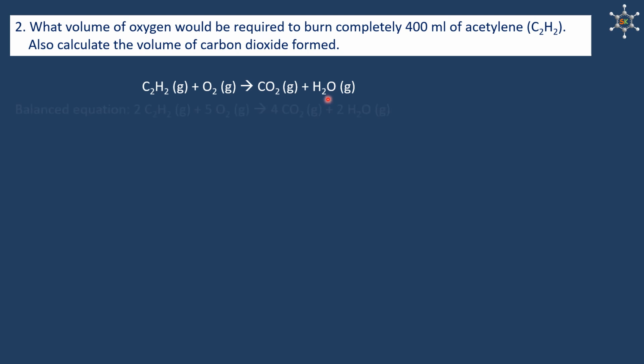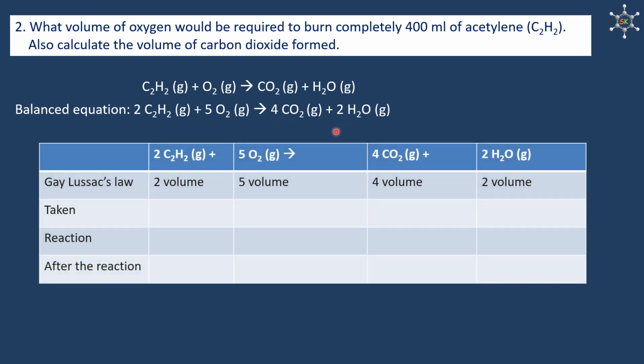If we balance the reaction, 2 acetylene molecules react with 5 oxygen molecules, giving 4 carbon dioxide molecules and 2 molecules of water vapor. According to Gay-Lussac's law, 2 volumes of acetylene react with 5 volumes of oxygen, giving 4 volumes of carbon dioxide and 2 volumes of water.